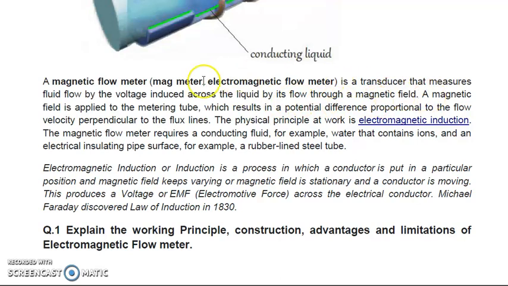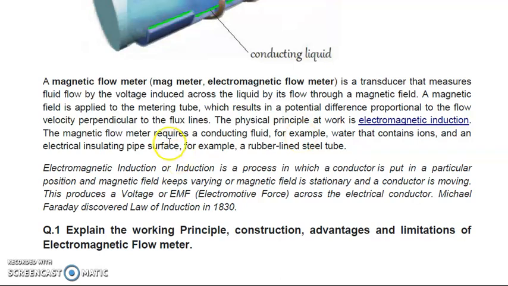So, a magnetic field is applied to the metering tube which results in a potential difference proportional to the flow velocity perpendicular to the flux lines. And the physical principle is of electromagnetic induction.